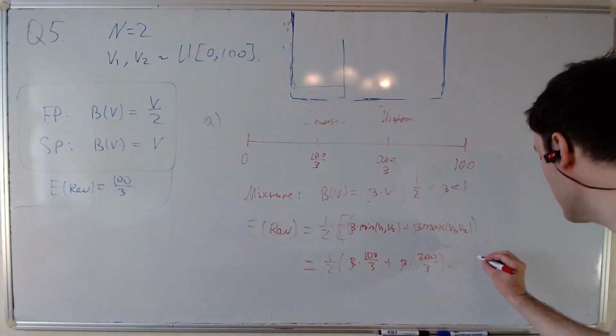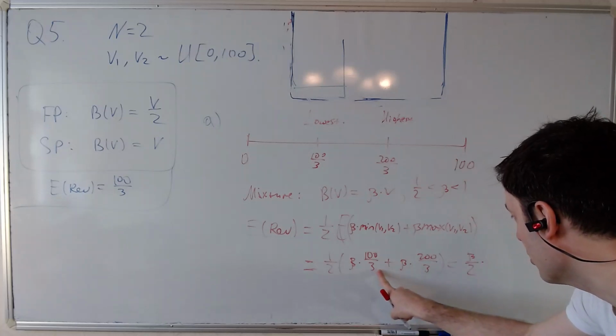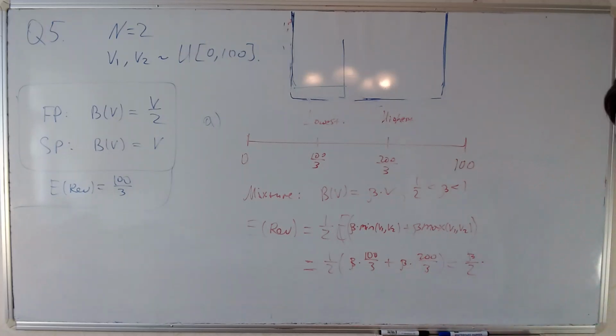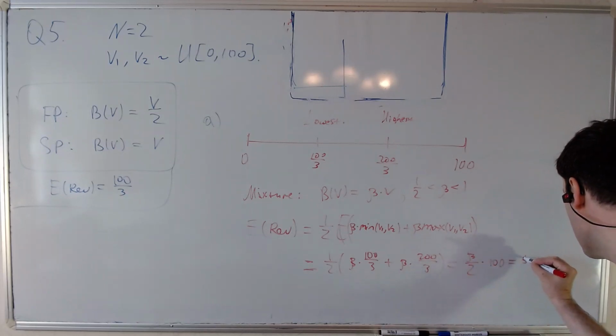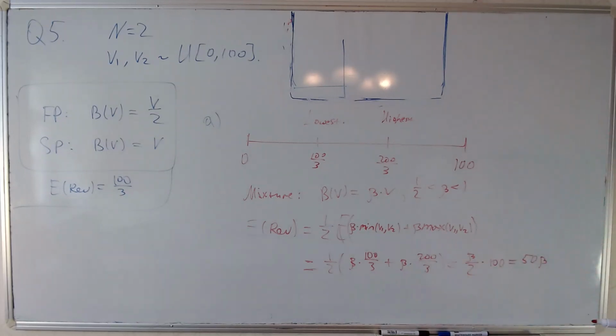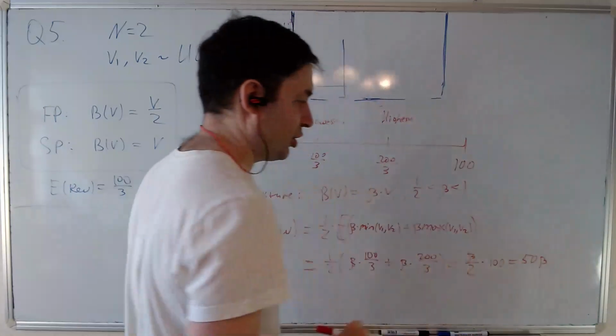So let's just solve this. We can take beta out, and we will have here 100/3 plus 200/3. That's just 300/3. This is just 100. Therefore, this is just 50 beta. Okay, and now we basically have the revenue of this weird auction as a function of beta.